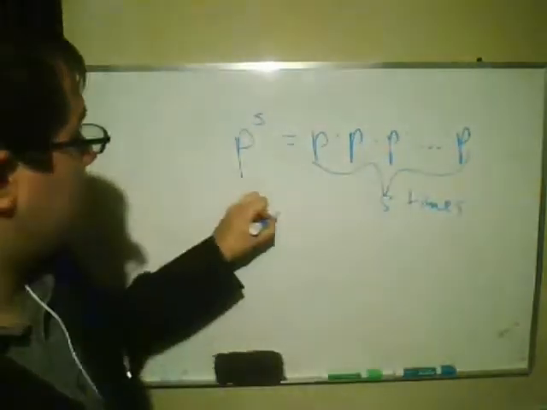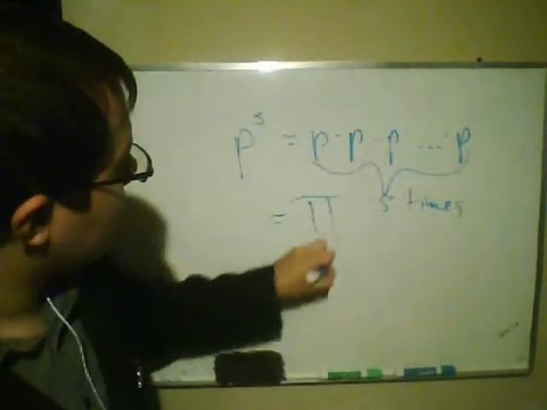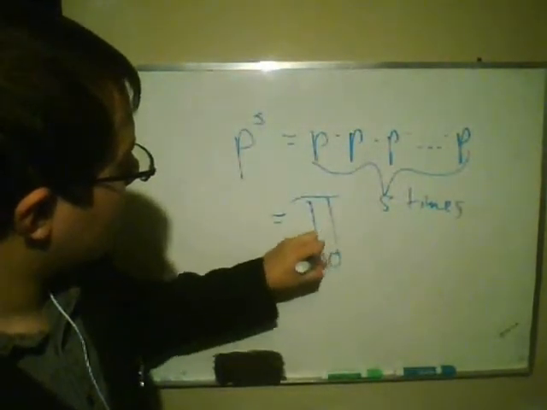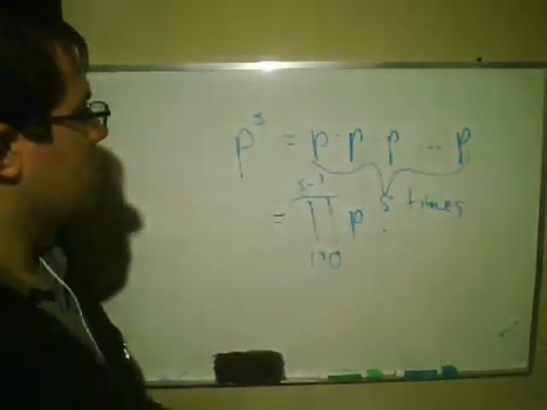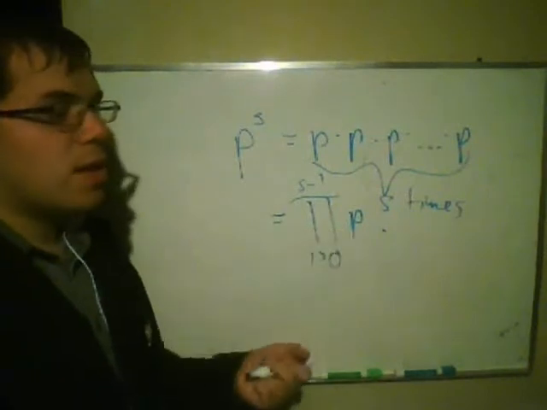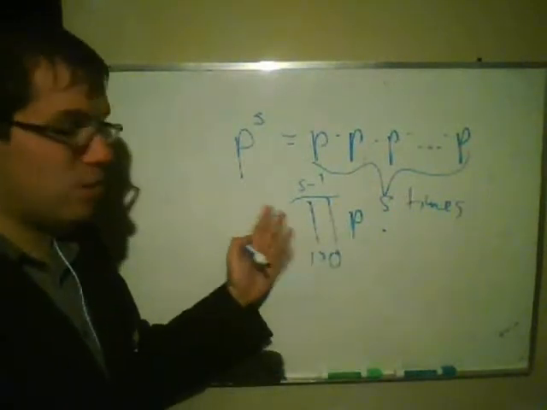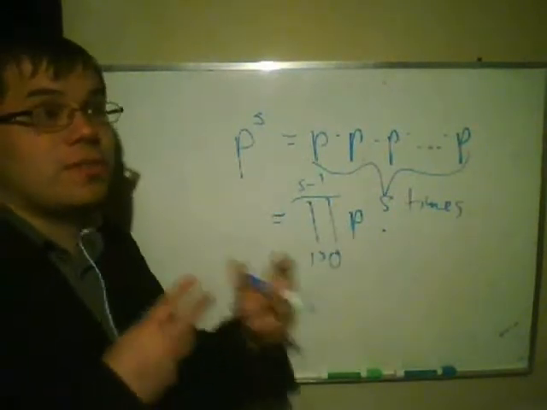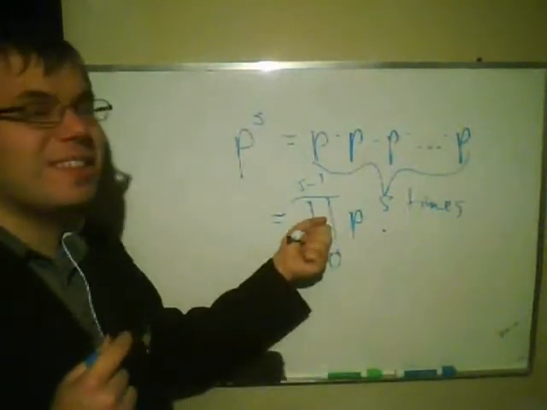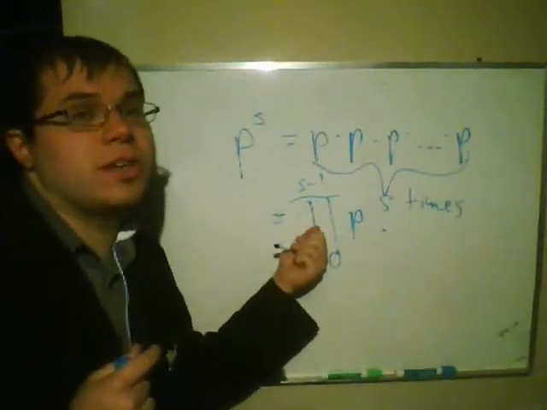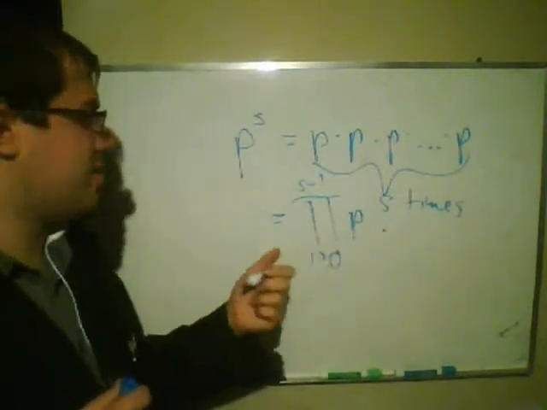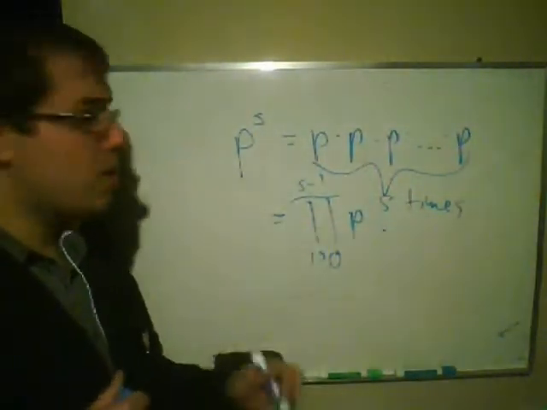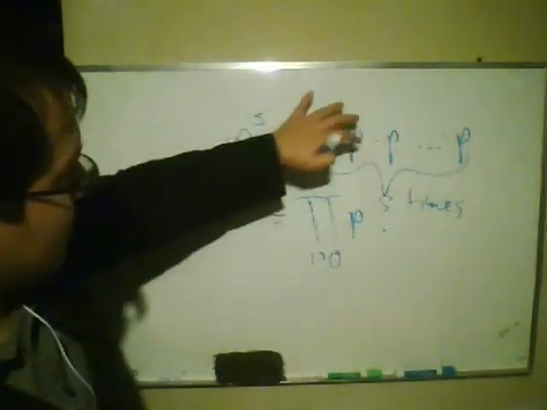It does it S times, which is equivalent to the product from i equals 1 to S of P. This is basically your product notation. If you've ever seen summations, this is the product version of that. Each element in here is multiplied instead of being added. So this is equivalent to this guy up here.